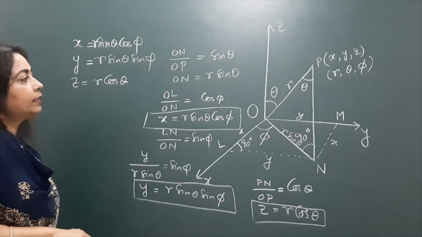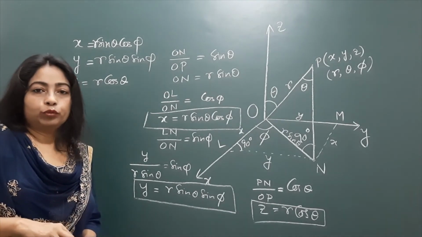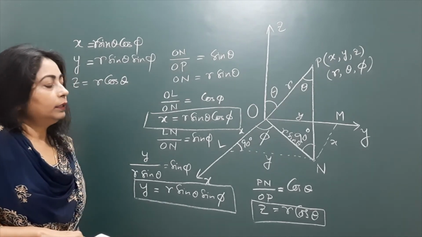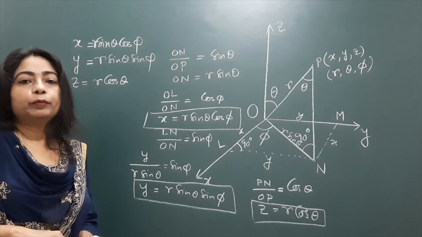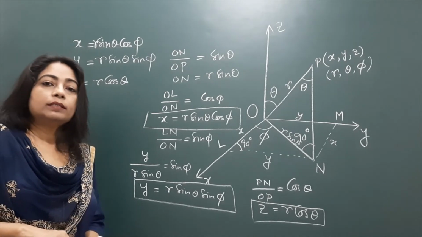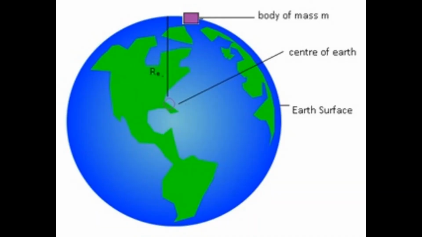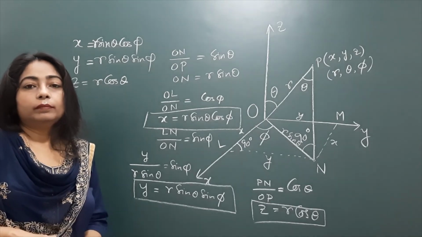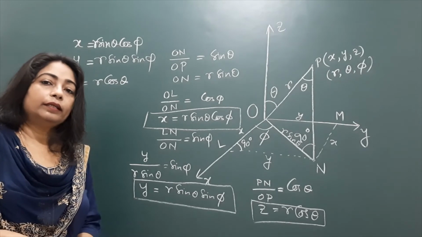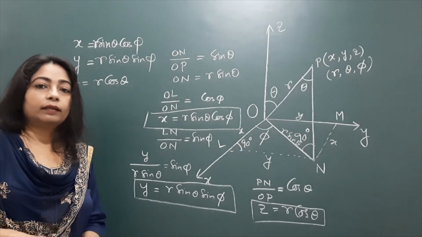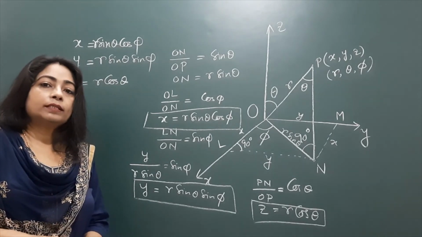Now this system can be used to solve some problems of motion. In the last lecture, I showed you that if we consider the position of a particle on the surface of the earth, and the earth revolves around the sun, then the motion of that particle is towards a central force.